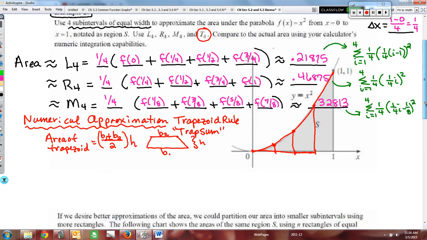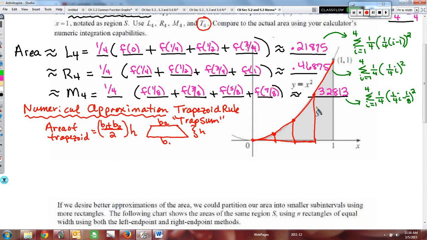And so what we will see here is that this trapezoid, turn it on its side. This is actually a base, this is a base, and then this right here is your height. So your height is actually your delta x. Your B1 is going to be your f of your left endpoint.